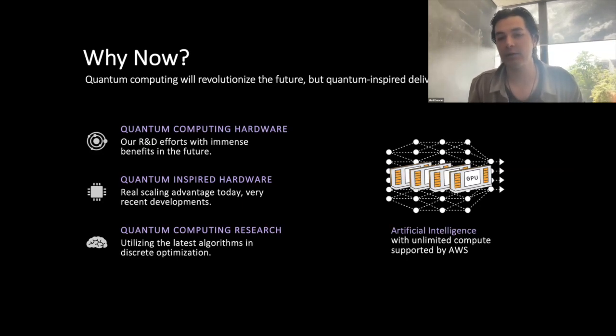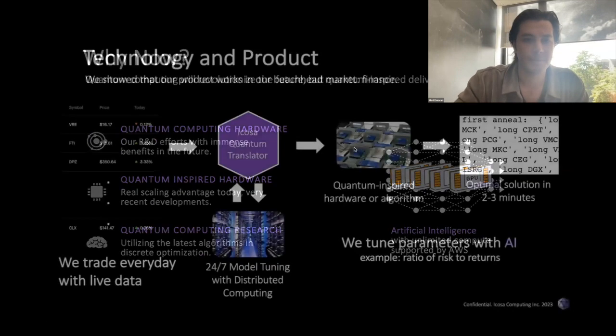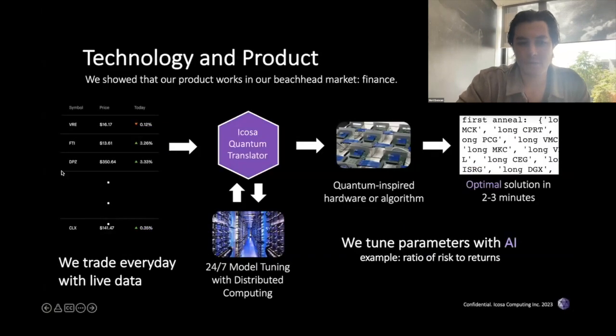In our case, it's discrete optimization, and we use nearly unlimited compute hosted on AWS, thanks to their startup support, to tune these resources. So we get live data every day in the market, near the market close.